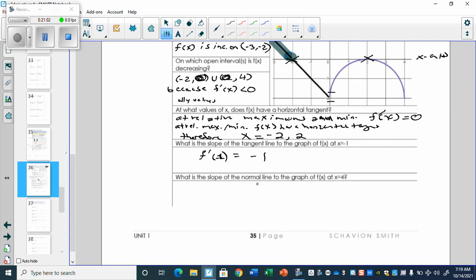What is the slope of a normal line to the graph of f of x at x equals 4? Remember, the normal line is perpendicular to the tangent line. So this is the tangent line slope.